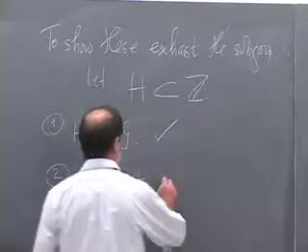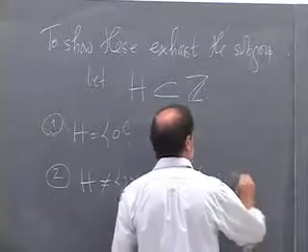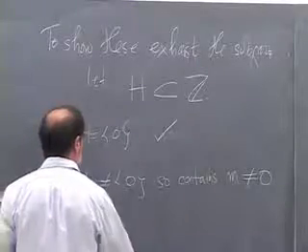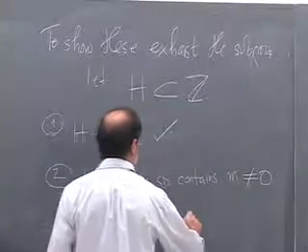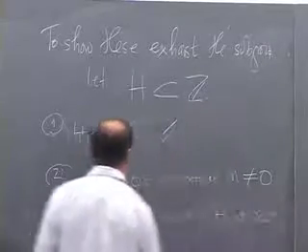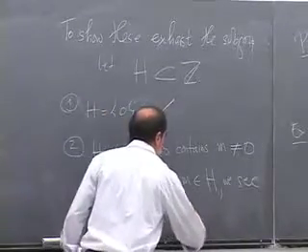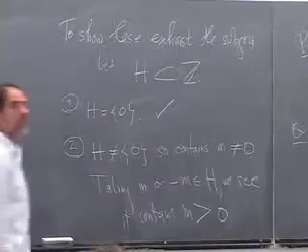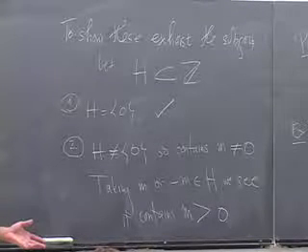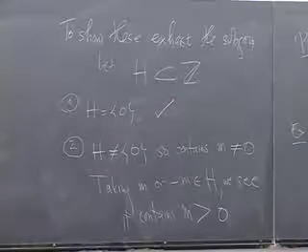So it contains an m not equal to 0. Taking m or minus m in H, we see it contains some integer m which is strictly greater than 0, because it's closed under inverses. So if you found it contained minus 3, it would also have to contain 3.